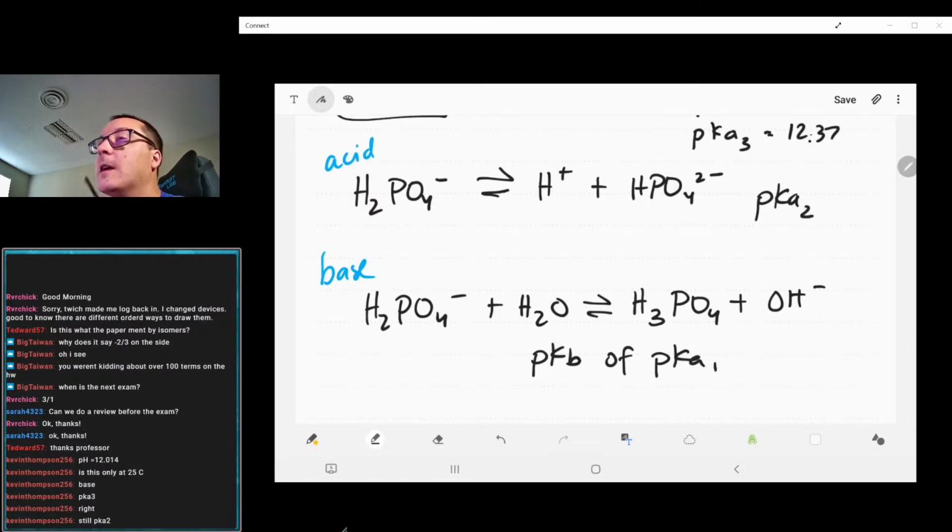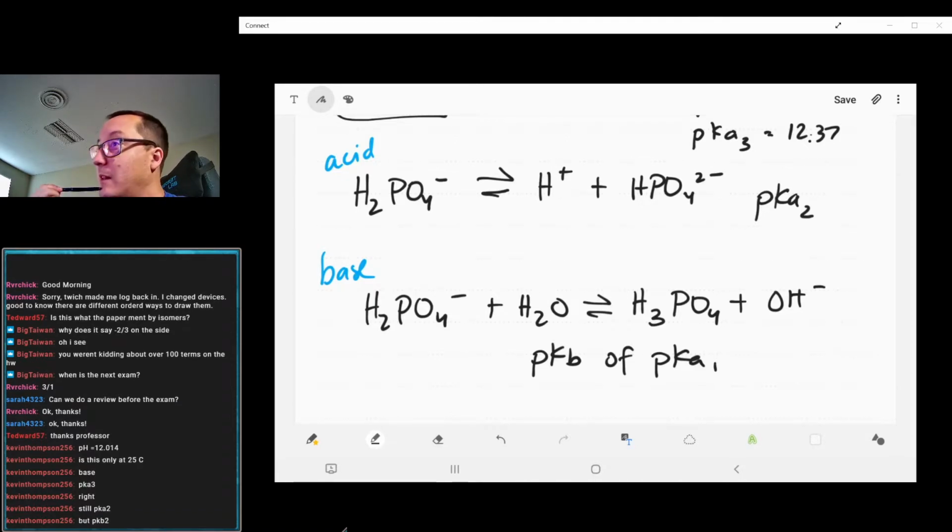So this one is a base dissociation, so this one is actually going to be pKb1 because Ka1 refers to this particular acid, and so it's going to be the inverse process of that. So technically this will be the pKb associated with pKa1.